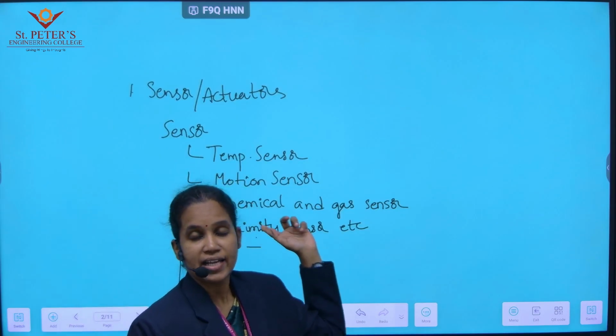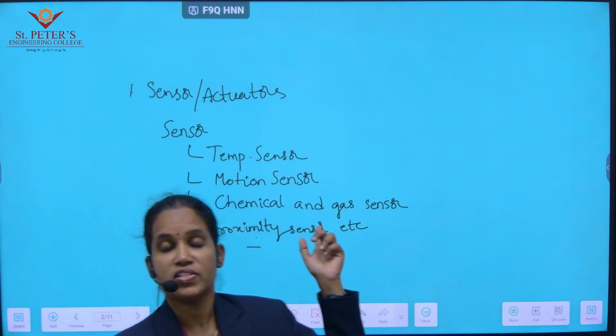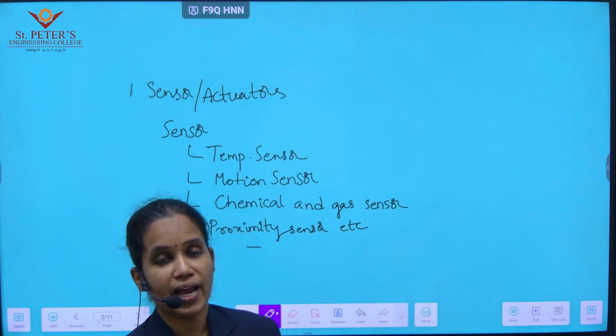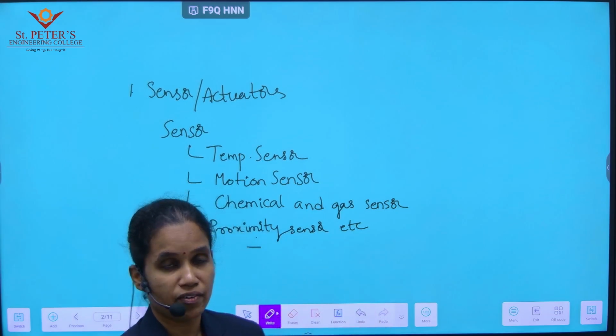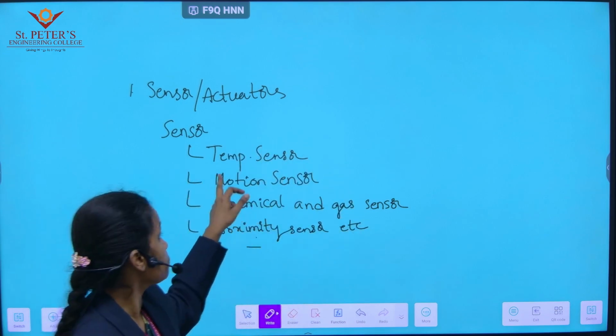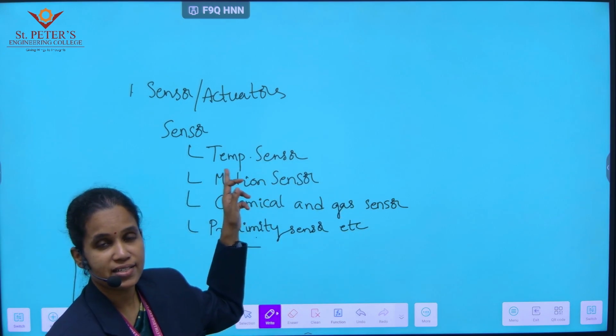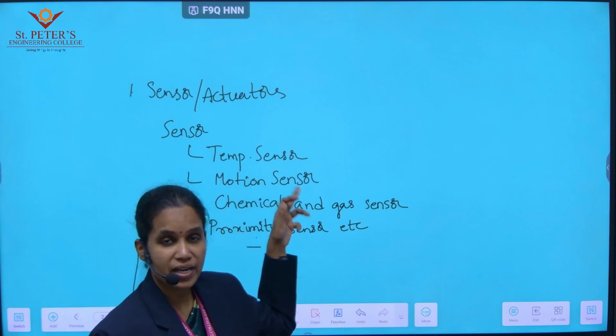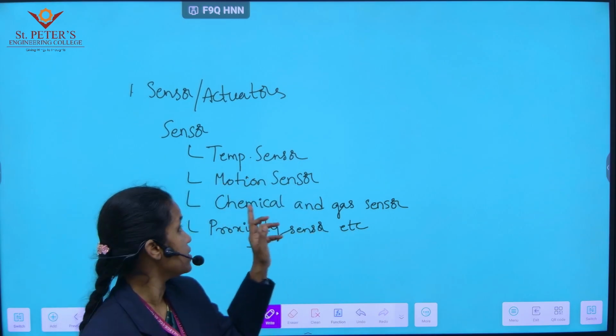Sensors are electronic devices which detect a change in the environment and convert that change into an electrical signal. These are the sensors we generally use. A temperature sensor converts the temperature change in the environment into an electrical signal.